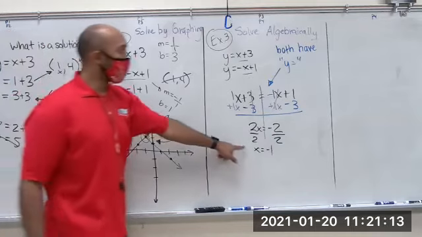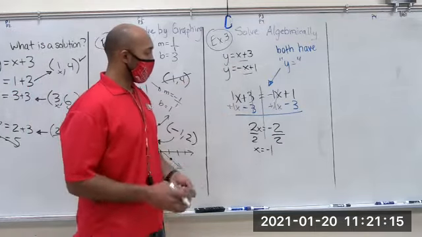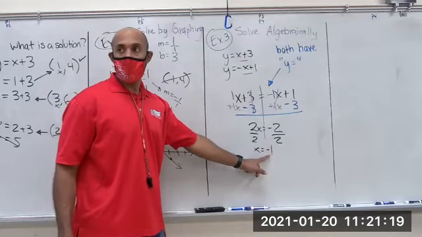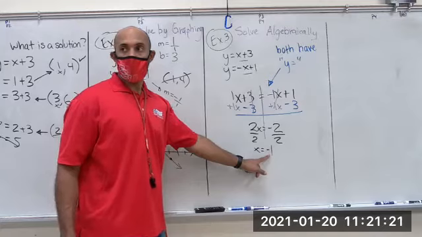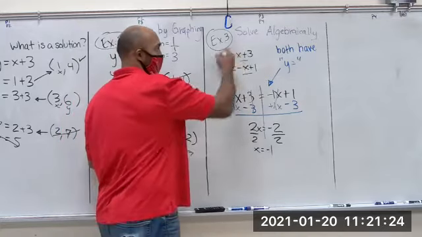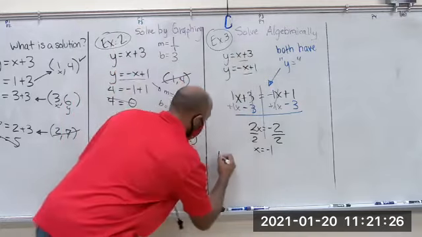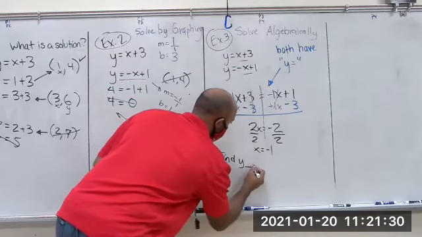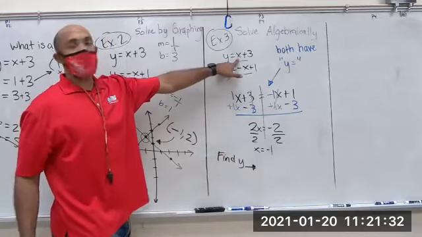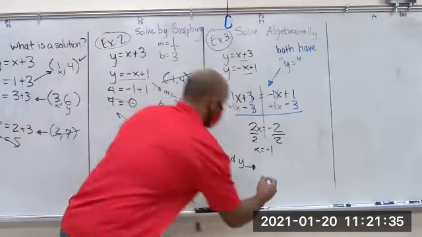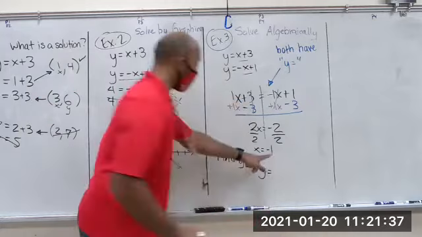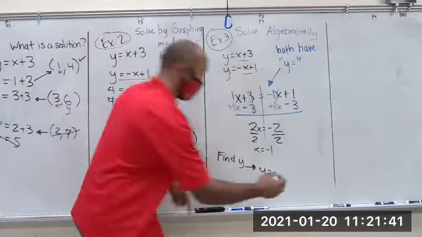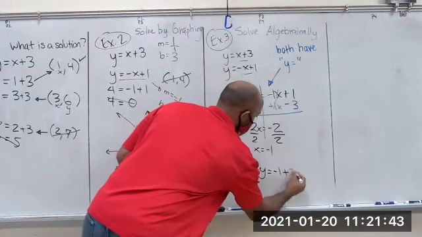So to find the y now, I pick an equation. Okay, so this is called find y. I'm going to pick the easy one because there's no negatives here. Since I have x, I take my -1 and I plug it in.